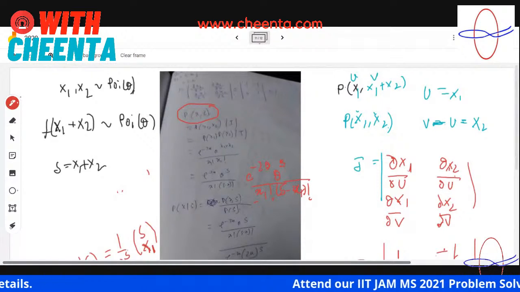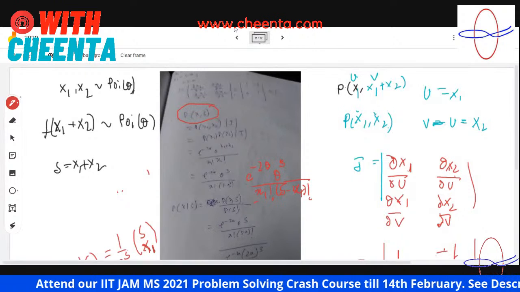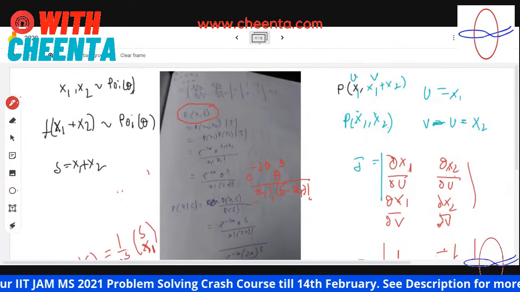But how do we create a new random variable of Poisson?